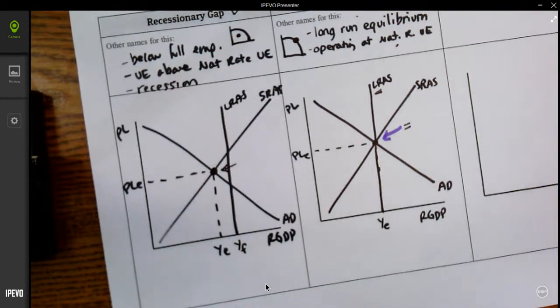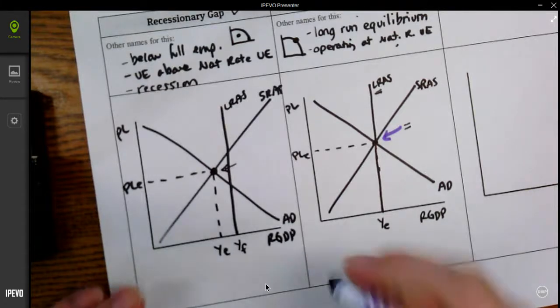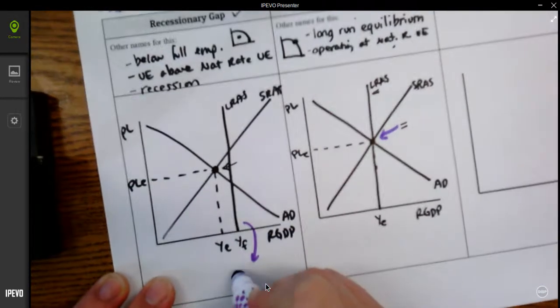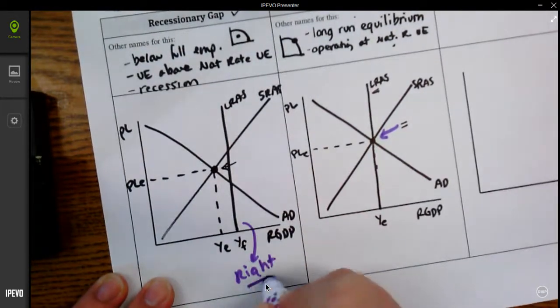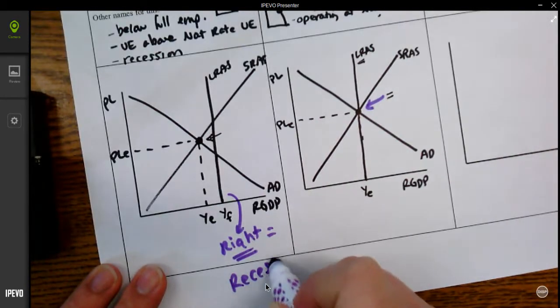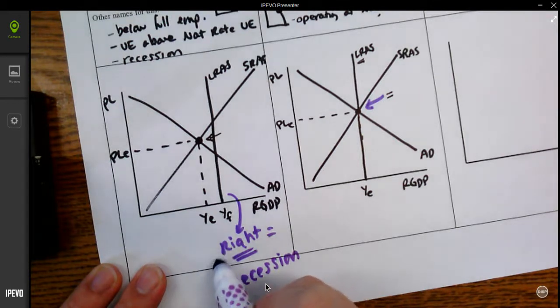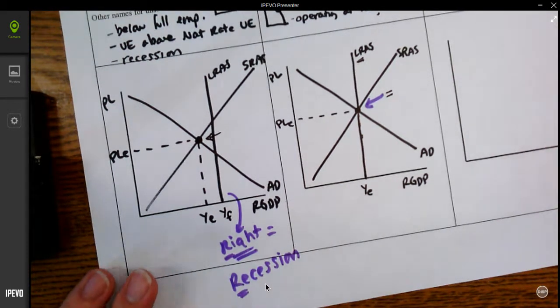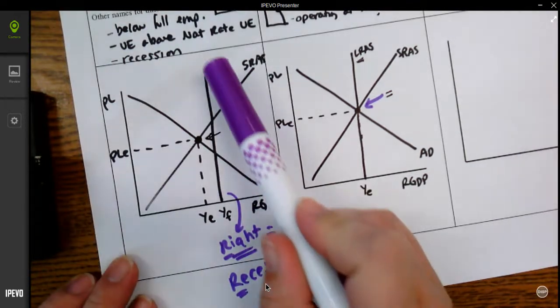Let me show you a trick. This long run aggregate supply line is on the right, and we're experiencing a recession. Notice how they both start with the letter R.